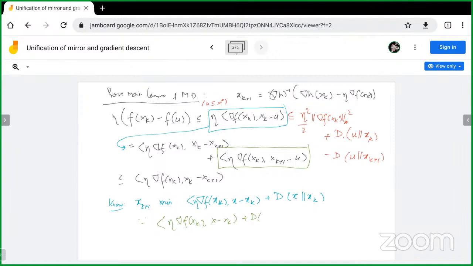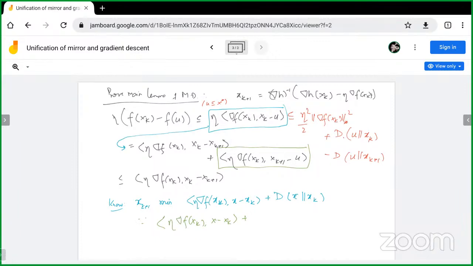Actually, an even better way: if I just find the gradient, that's even easier. So what's the gradient of this quantity?